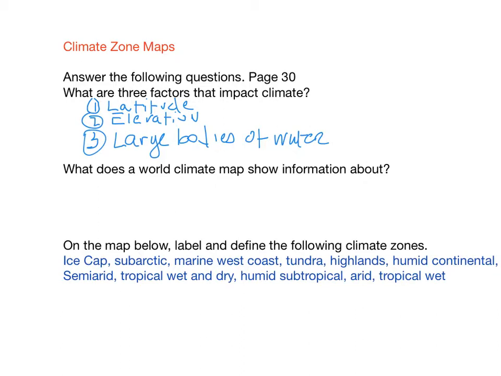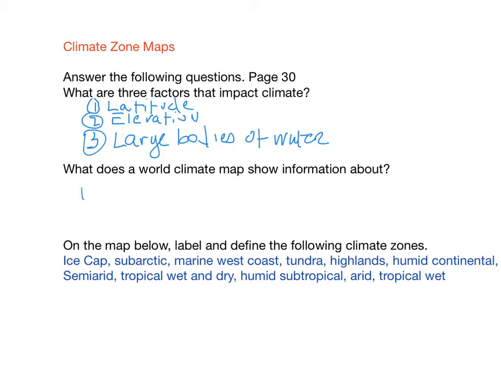Now, in our book, it says, a climograph shows the average temperature and precipitation in a place over a year. So we want to make sure that we have that written down.